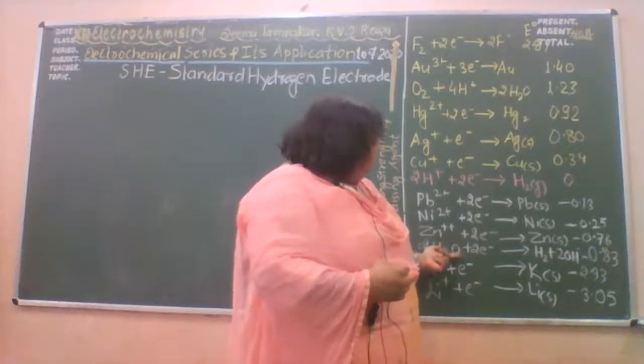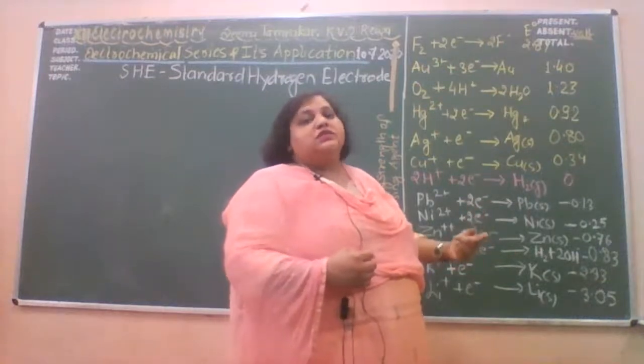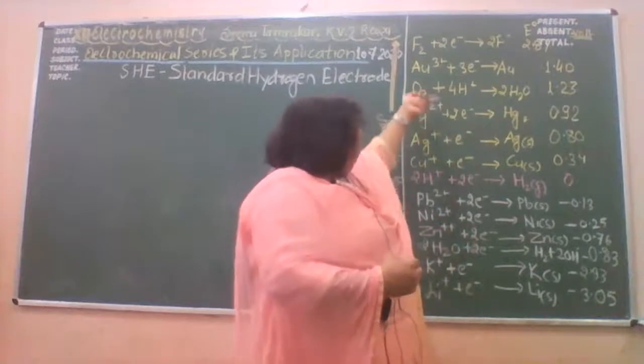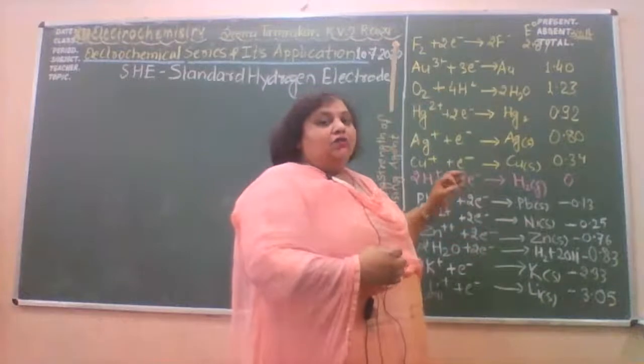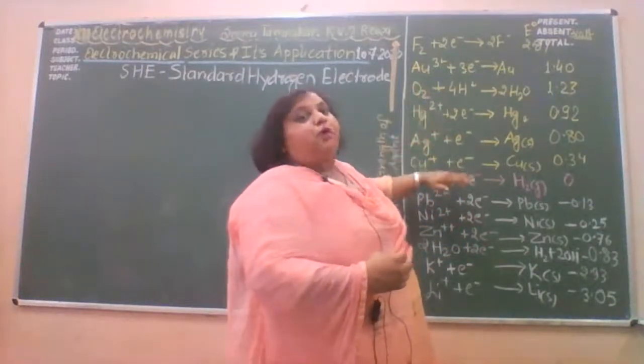This is a very important term because water behaves as an oxidizing as well as a reducing agent. That's why at two places you will find it, and definitely I will take examples of questions when you will know its importance.